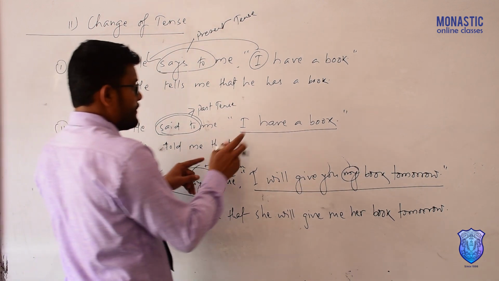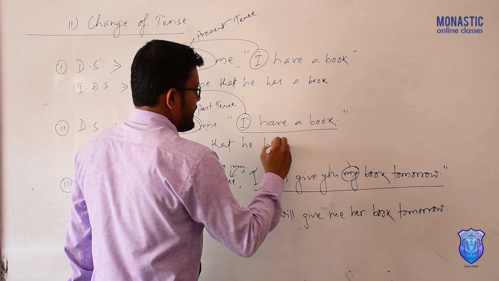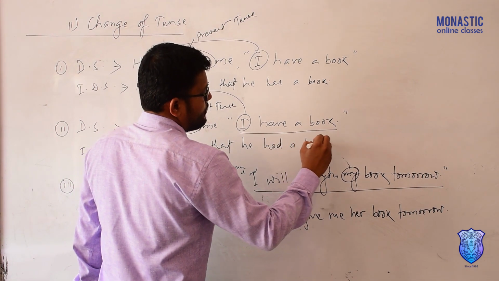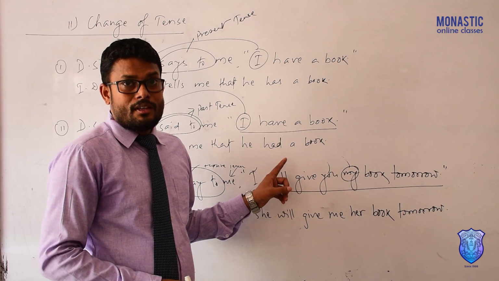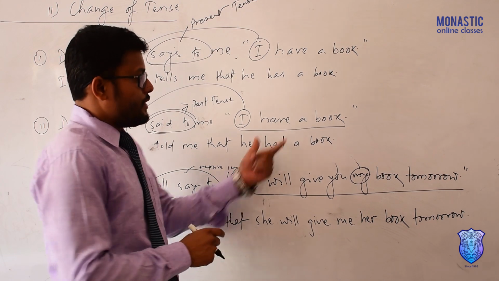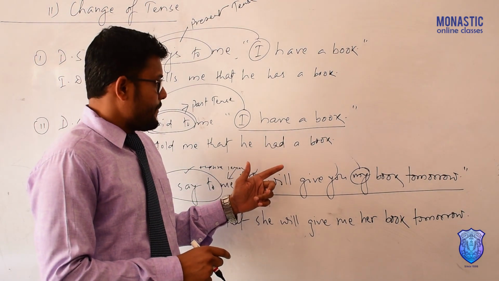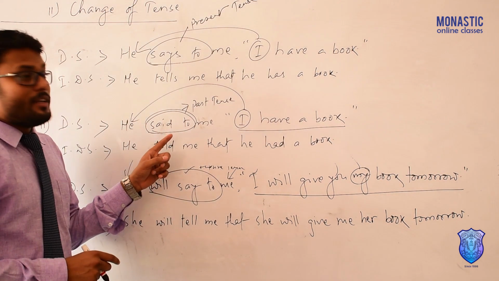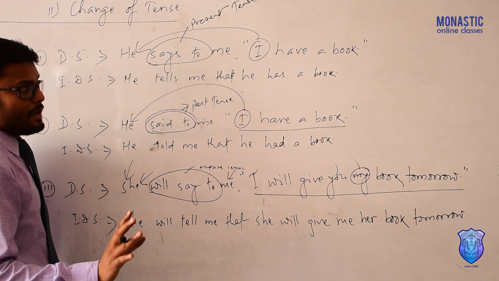And it becomes, he told me that, the "I" should be changed according to "he", that he had a book. I will explain how this "had" has come here, but at first you have to understand that we can change the tense of the reported clause in indirect speech only when the reporting verb is in past tense. But in the case of present and future, we are not allowed to change them.